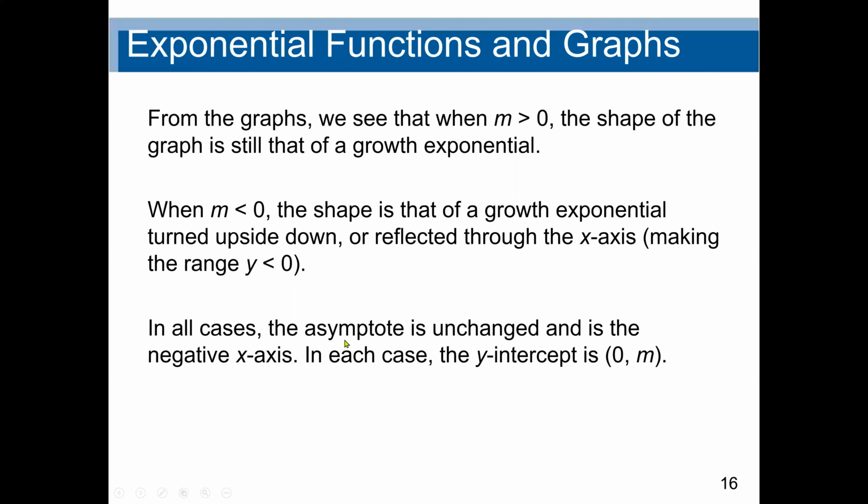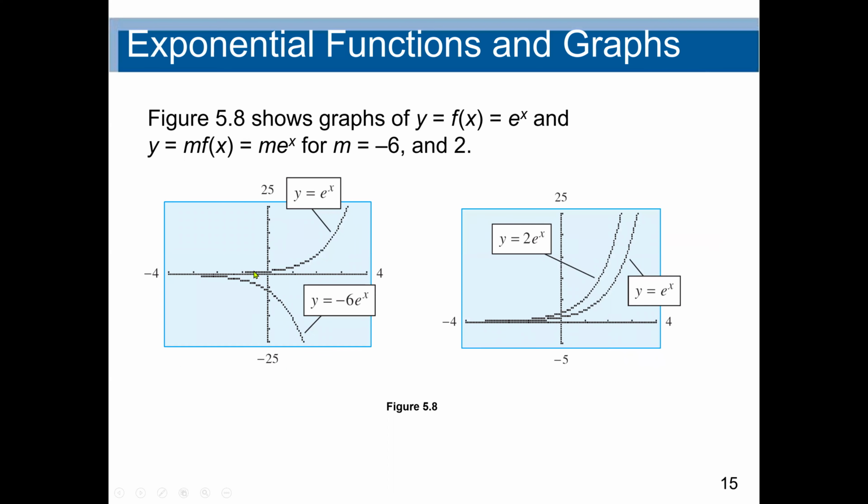So in all cases, the asymptote is unchanged and is the negative x-axis in each case. The y-intercept is 0 and m, as we can see here.